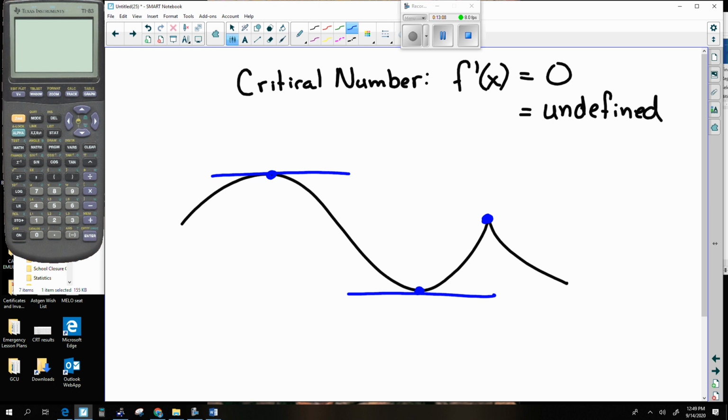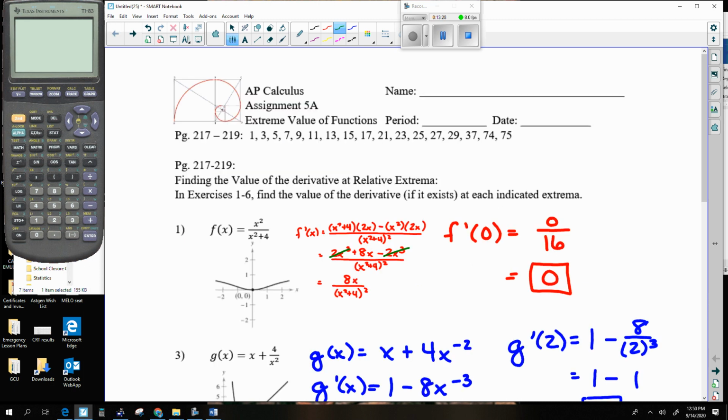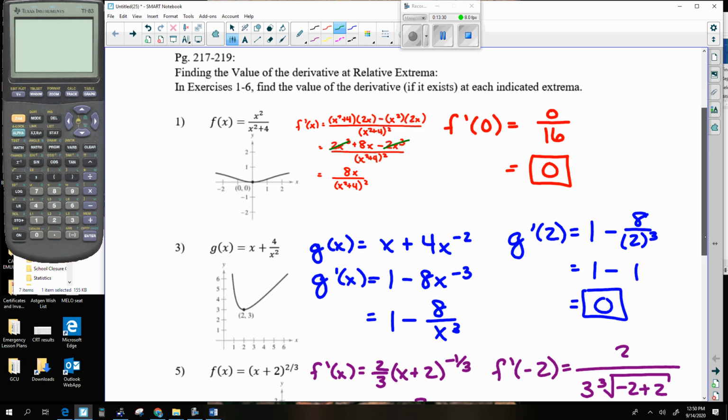And then we're going to ultimately learn the test, which is we take a look at all critical numbers, and then we also take a look at the endpoints and we compare all of those numbers. And that will tell us relative mins and maxes as well as absolute mins and maxes. Okay, we'll get to there.